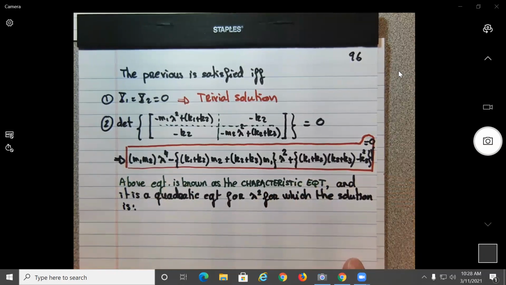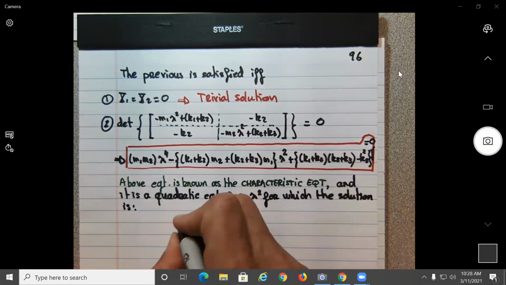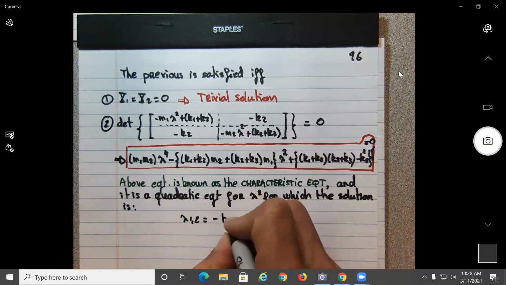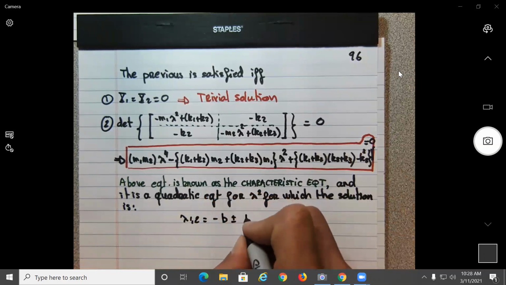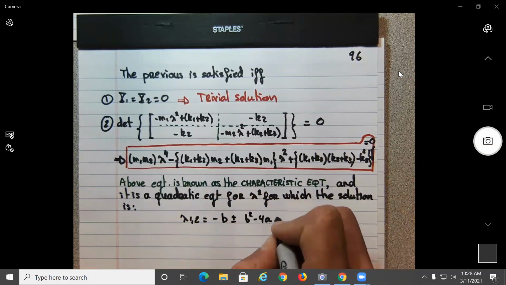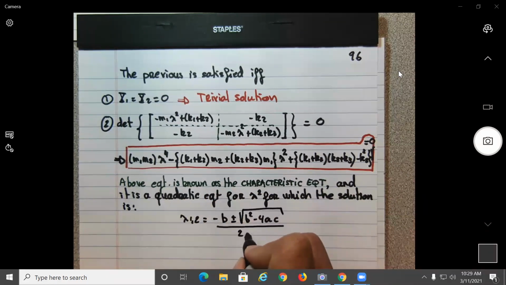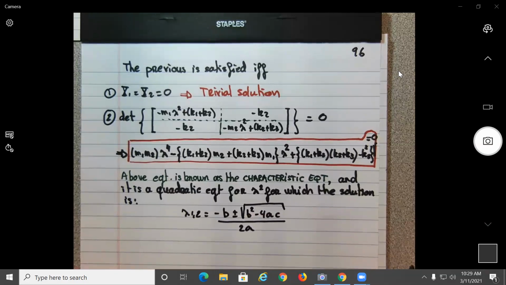So basically, what would you have to do? Lambda should be equal to minus b plus or minus the square root of b squared minus 4ac. This is the general form, divided by 2a. You know what is a, you know what is b.